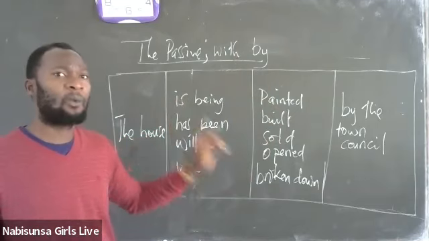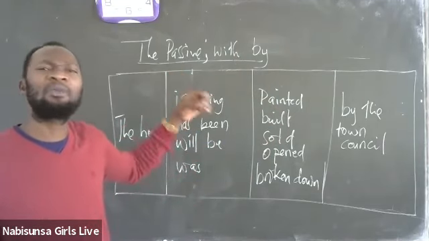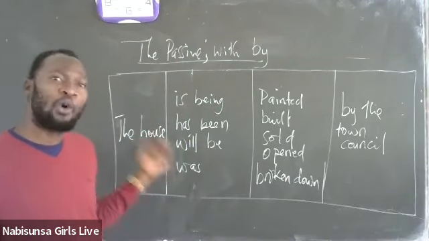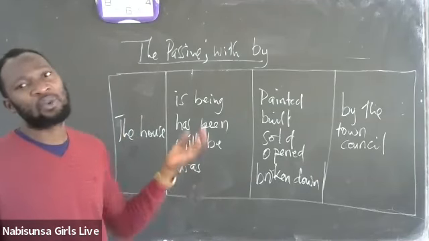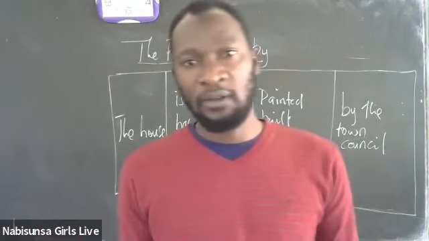But remember, when we use the passive voice, we are not interested in the doer of the action. But when we are interested to find out who the doer of the action is, then that's when we can use by. However, it is okay to leave it out.